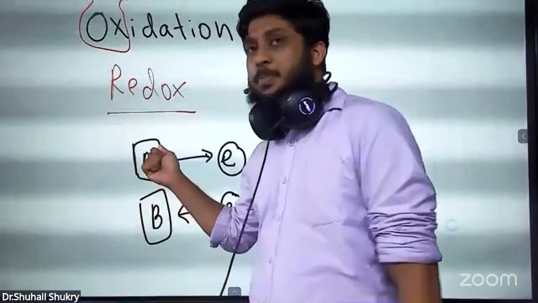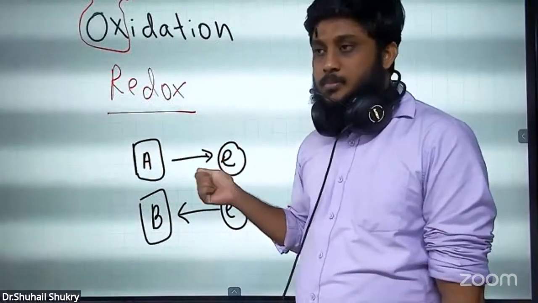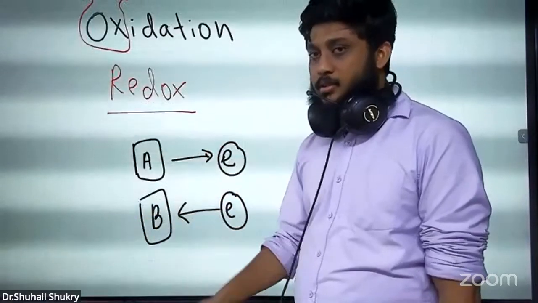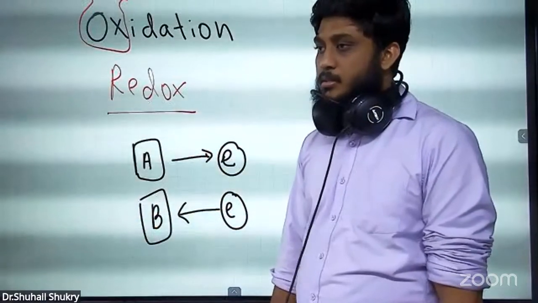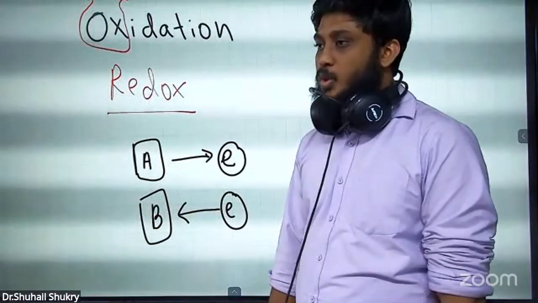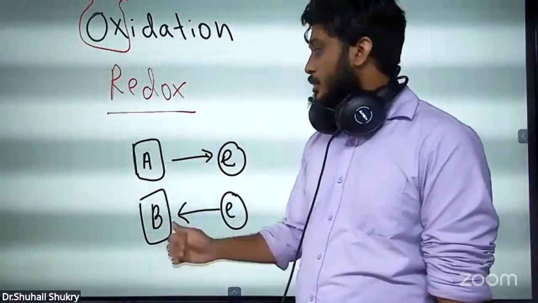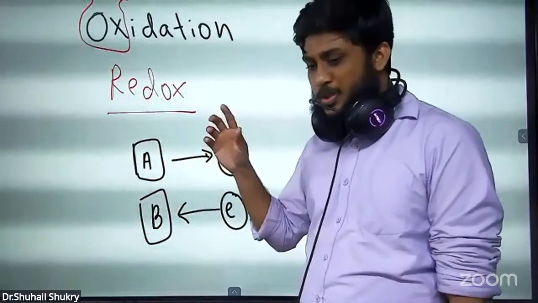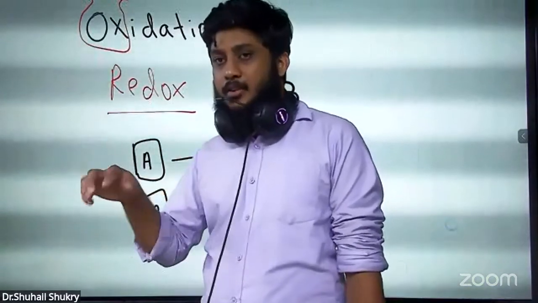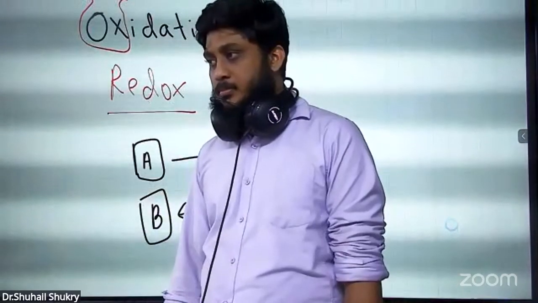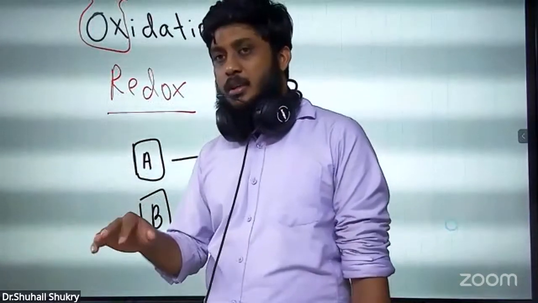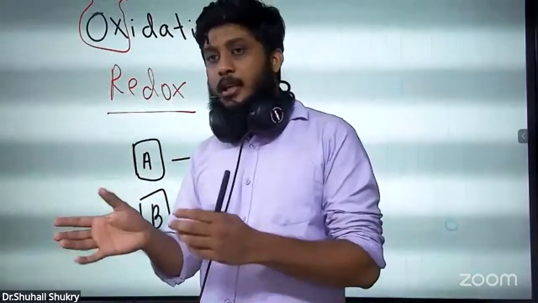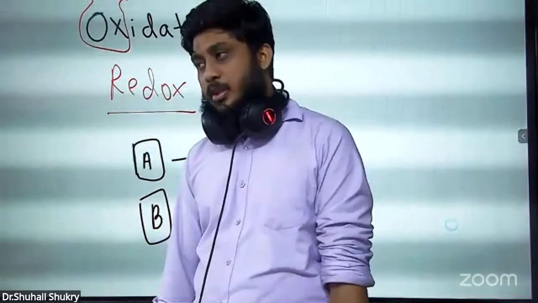One releases the electron, another gets the electrons. This is known as redox reaction. In redox, we write an oxidation reaction and a reduction reaction both. Finally, we add them to write the complete reaction.